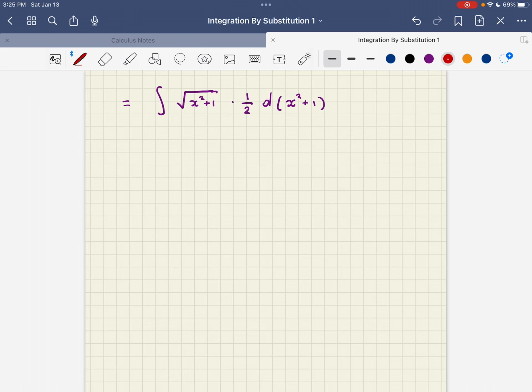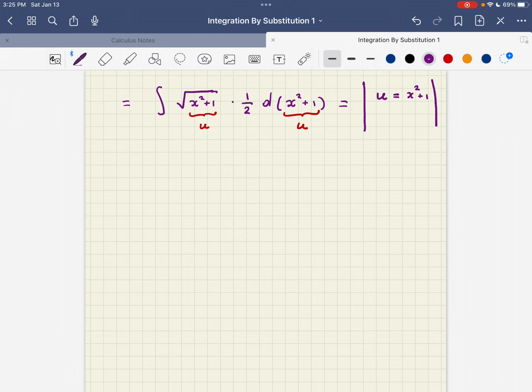And so the idea now is that we can replace x squared plus 1 with a new letter. Let's say we use u. So I'm going to write here, this is how we typically write a substitution, and in between these vertical lines, u equals x squared plus 1.